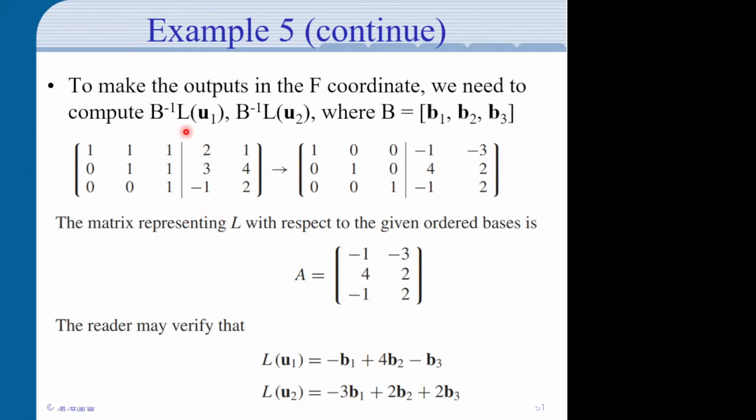Okay. So obviously you can do the thing we know before and find the B minus 1. But there is a bit faster way to do this, because remember, this is a generalization of how we found B minus 1.